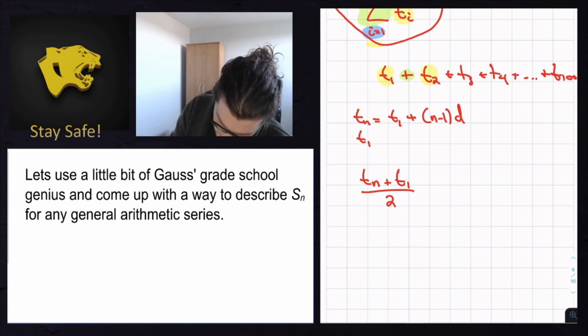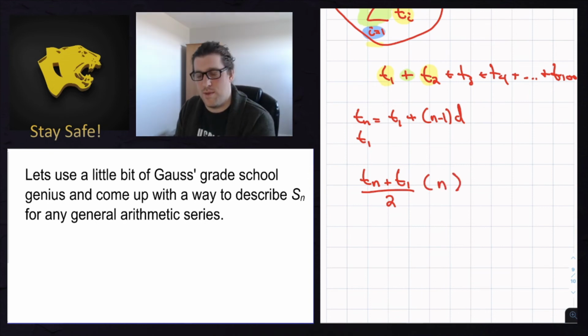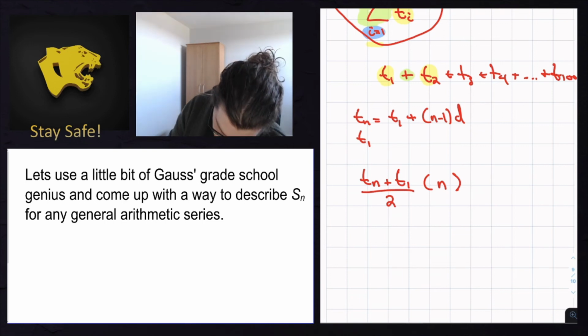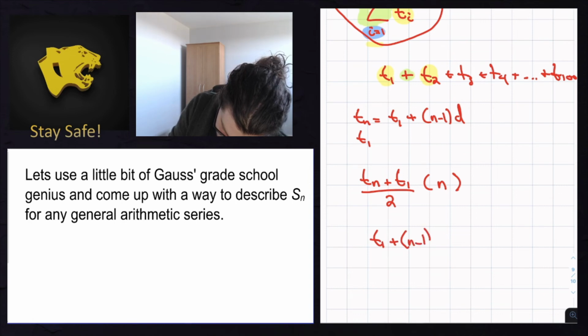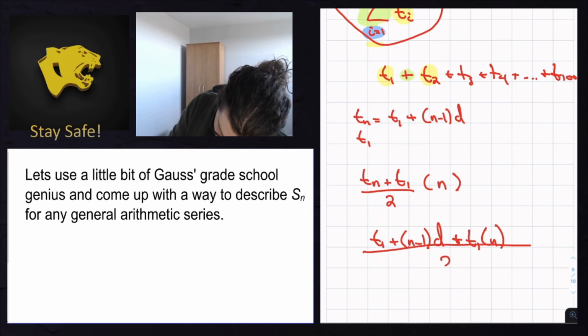How many of those pairings do I get? Well, I get n of those pairings, because there's going to be n in the list here. So what is Tn? Well, Tn is just T1 plus n minus 1 times d. And then I would have plus another T1, times n, all over 2.